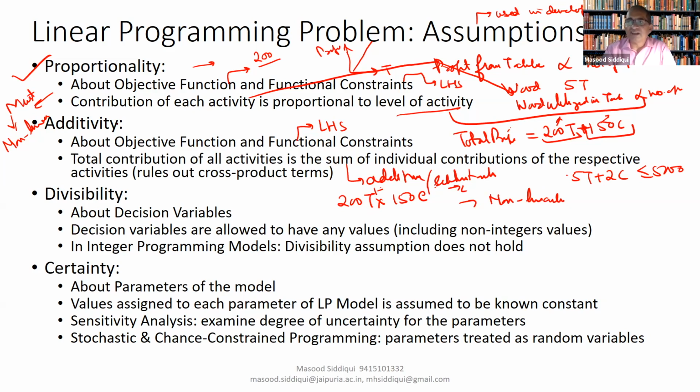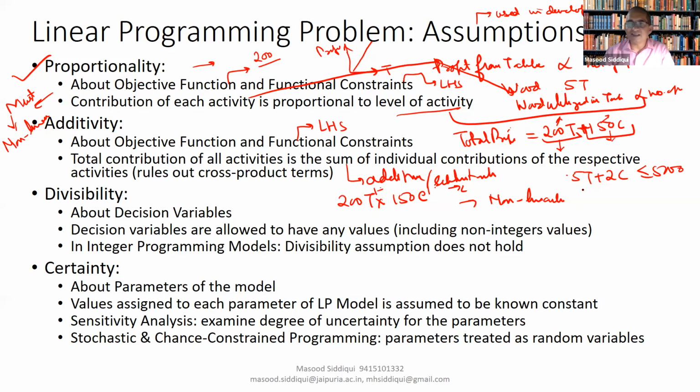Accordingly, we have the second assumption, known as additivity. The total contribution, either in the objective function or in the constraint, should be an addition or subtraction of the individual contributions. As we discussed in the objective function, this is the individual contribution of tables and this is the individual contribution of manufacturing chairs, and the total contribution is simply the addition.